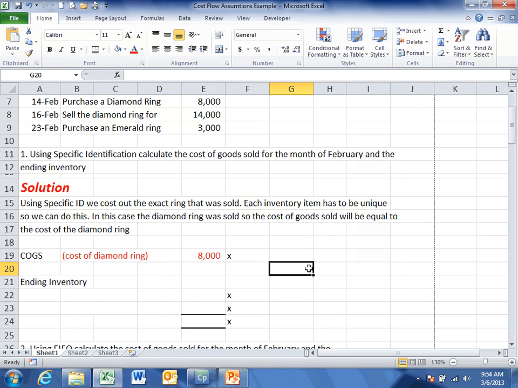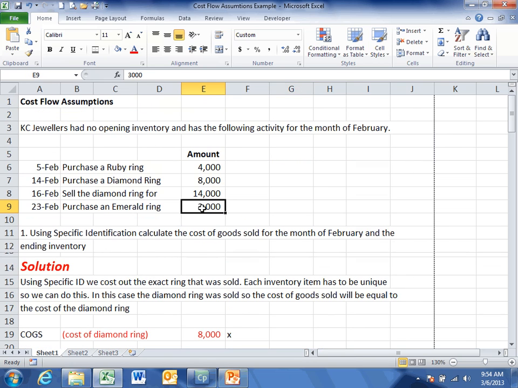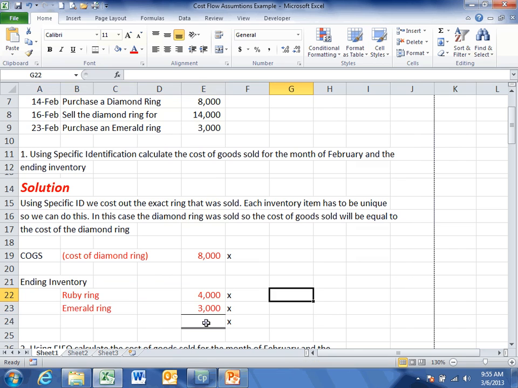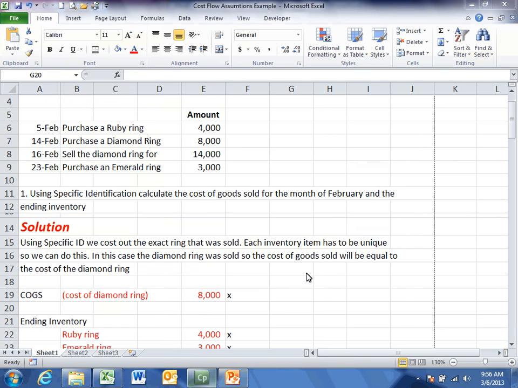So we purchased a ruby ring for $4,000, that's still in inventory, and we've still got this emerald ring for $3,000 in inventory. So when we calculate our ending inventory, we're just going to list those unique items that are in inventory and subtotal them. Okay? So in this case, our cost of goods sold is $8,000 and our ending inventory is $7,000.